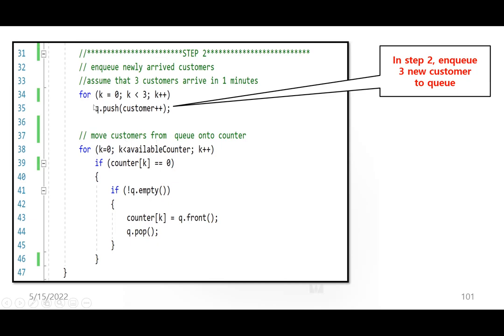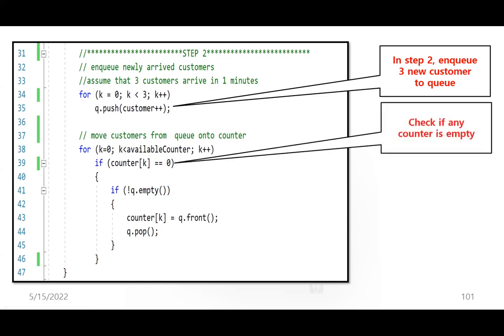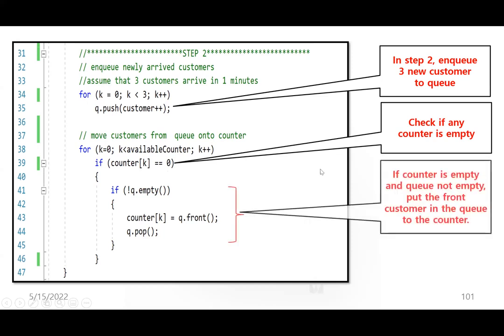After I enqueue 3 customers to the queue, now you check which counter is empty. For all the available counters, if counter K is 0, meaning no customer, then I'm going inside here. What I do is pop a customer, the customer that is waiting in the queue, and put them in the counter. But here I have to check if my queue is empty or not, because even though your counter is empty, if no one is waiting, we cannot move.